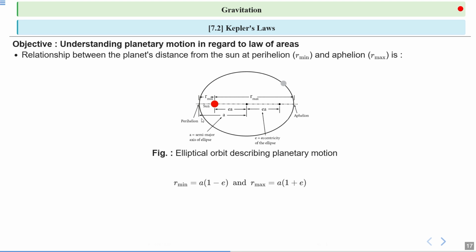At the perihelion, the distance is given by r minimum equals a into 1 minus e. And at aphelion, r max equals a into 1 plus e. In these equations, a represents the semi-major axis of the ellipse and e.